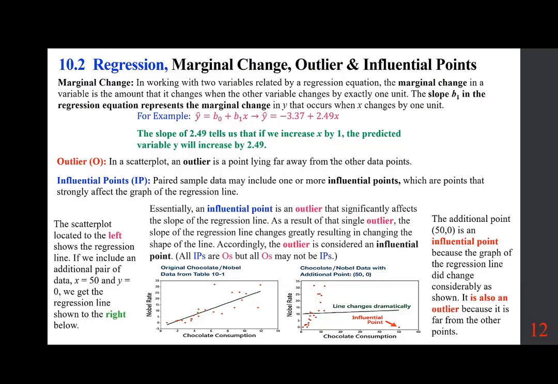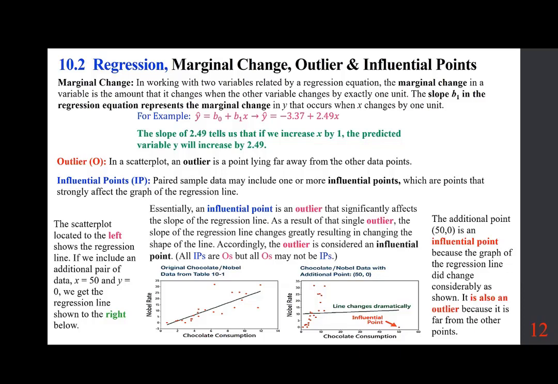Which means what? If you have an influential point, for sure that point is an outlier. No questions about that. But if you have an outlier, you may not have an influential point. How do you know that? I don't know. I have to check it. So if somebody says this is an influential point, for sure it's an outlier. But if it's an outlier, we must check to see if it does the same thing. Most of the time, they do.